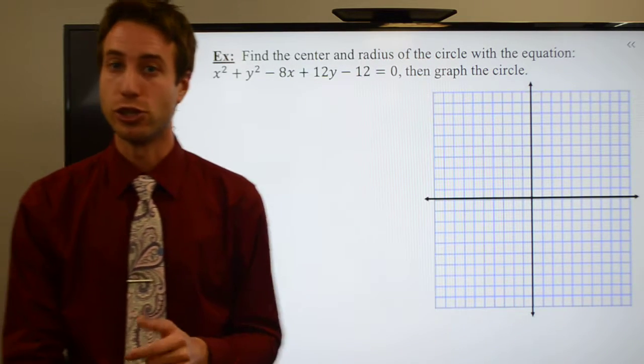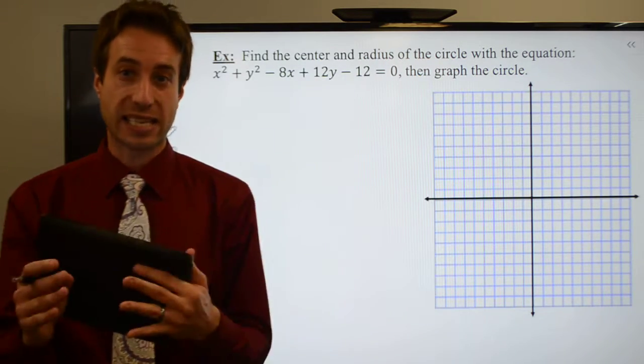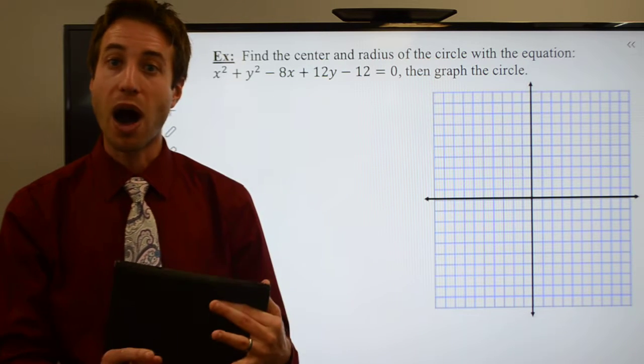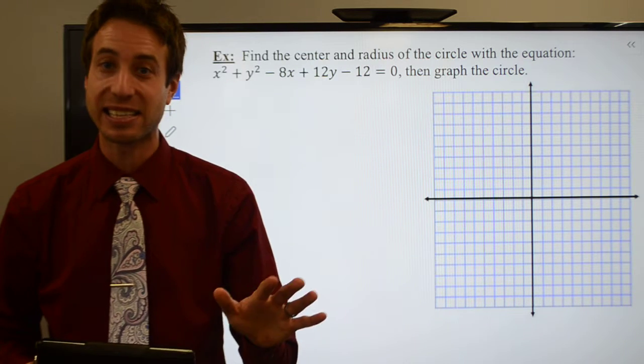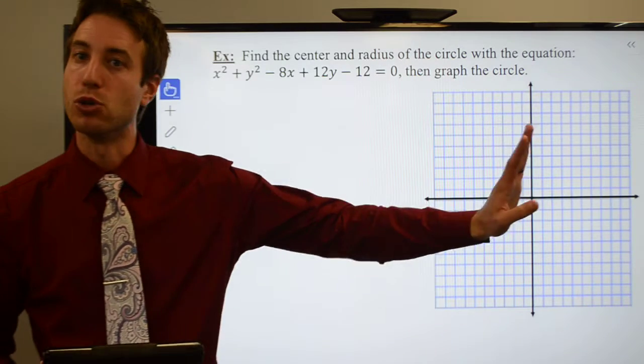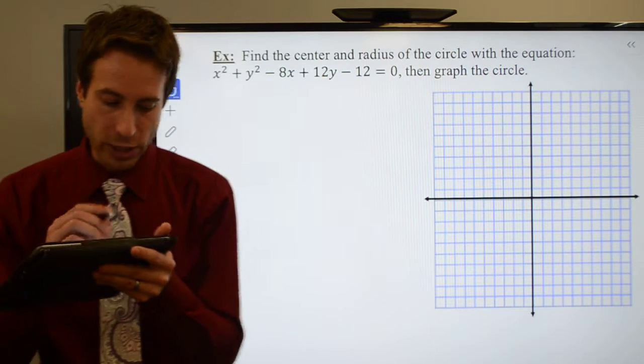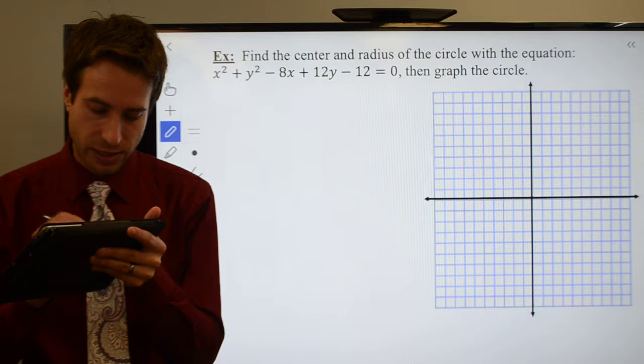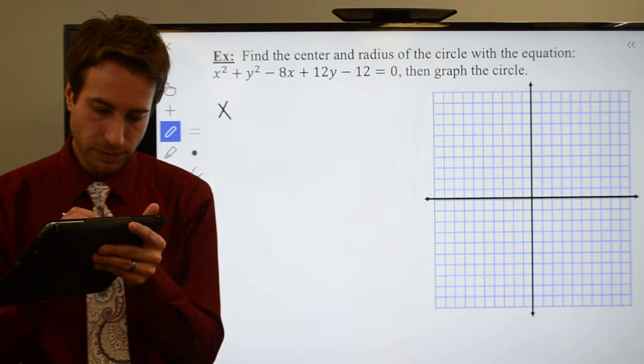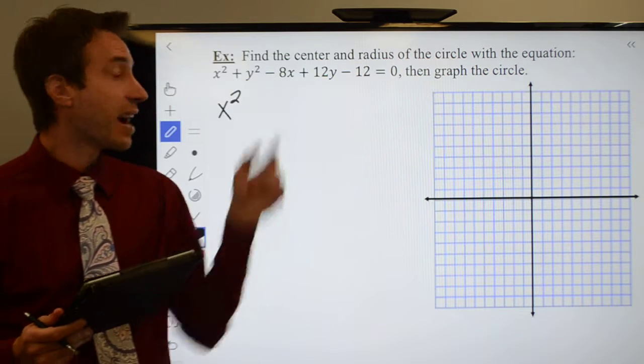So here's what you're going to do. Go ahead and group the x's together, group the y's together, and anything that's left over, move to the other side. So here's what I've got. I have an x squared, and I have a negative 8x.